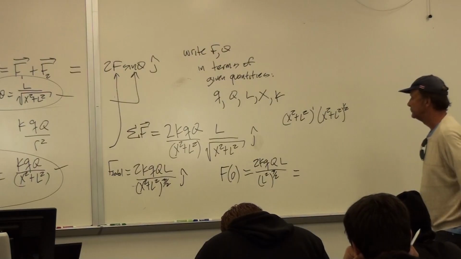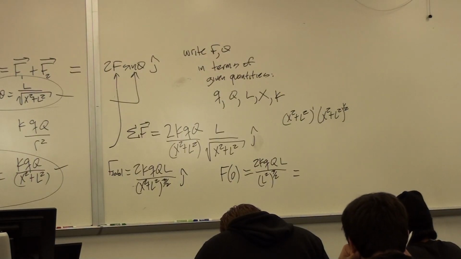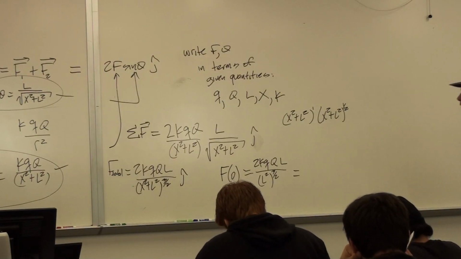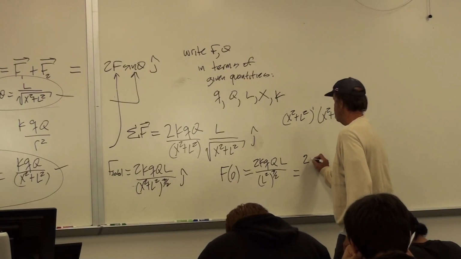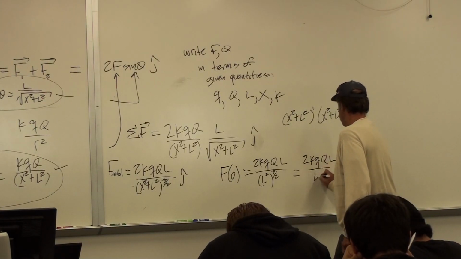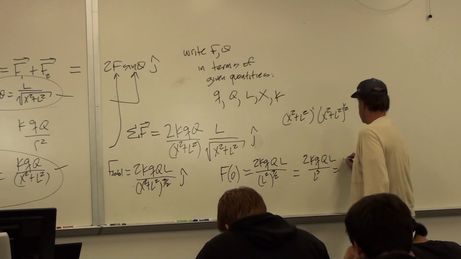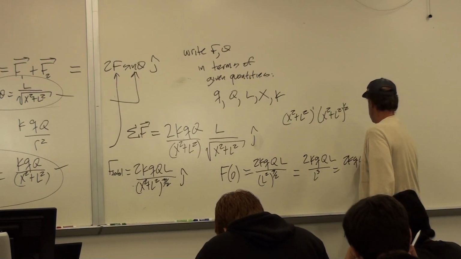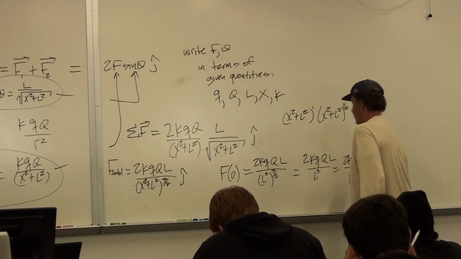So what's that? L squared to the 3/2 power. L to the third. So this is going to be 2k little q big Q L over L cubed, or 2k little q big Q over L squared.